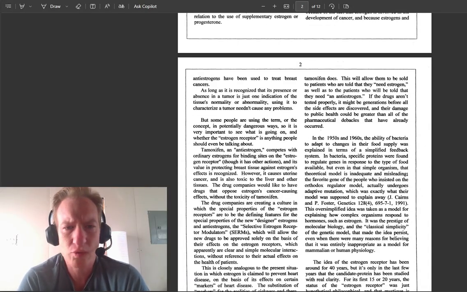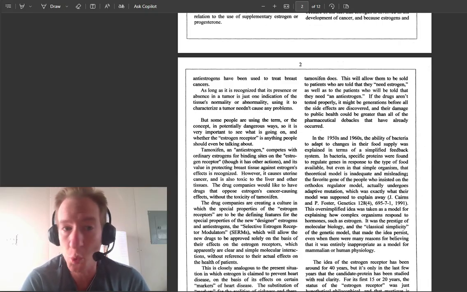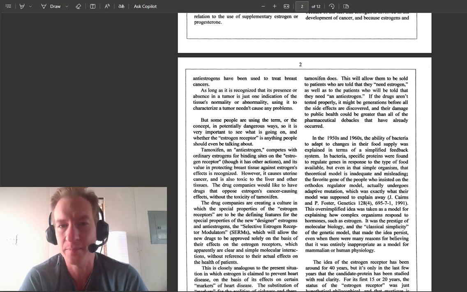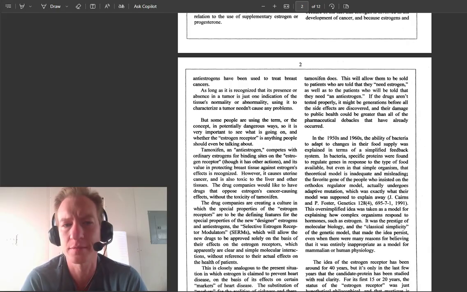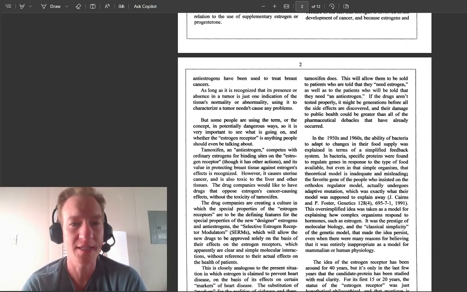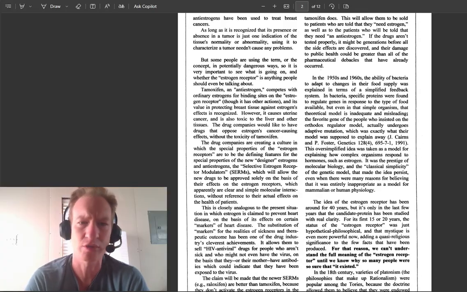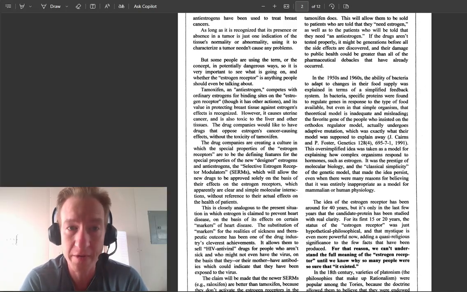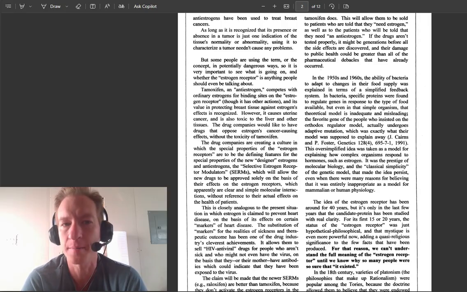As long as it is recognized that its presence or absence in a tumor is just one indication of the tissue's normality or abnormality, using it to characterize a tumor needn't cause any problems. But some people are using the term or the concept in potentially dangerous ways. So it is very important to see what is going on, and whether the "estrogen receptor" is anything people should be talking about.